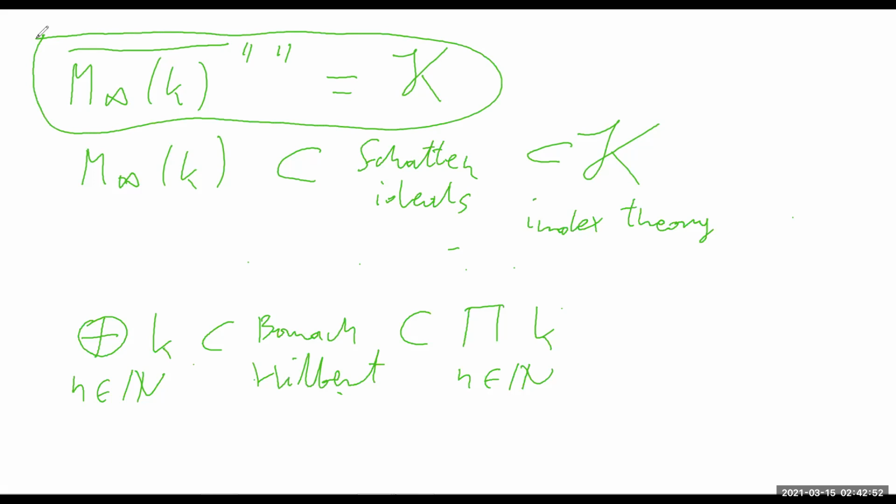So M infinity of K, well, say, let's take complex numbers, okay? So here, well, I wrote K, but if I claim it to be a C*-algebra, well, I better take complex numbers.